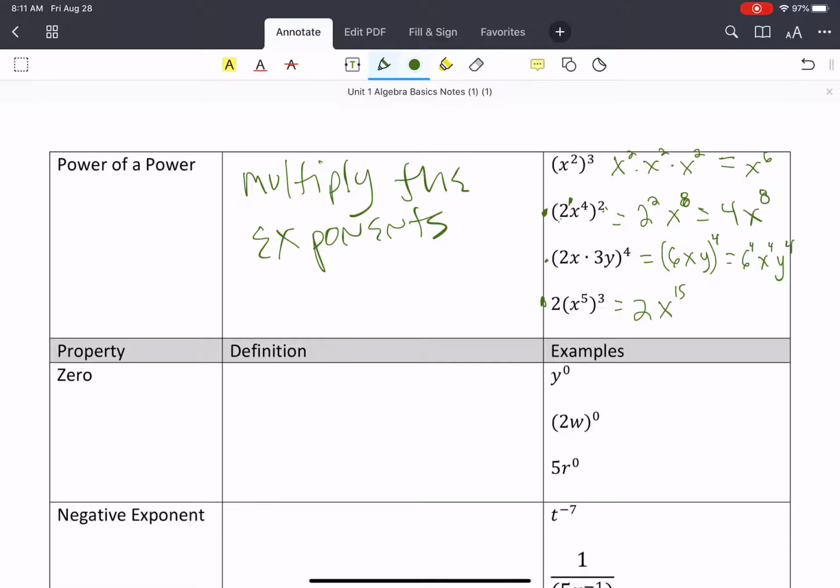Question? Yeah, what's up? Sure, because on here, I have to do 2 times 3 to get the 6. The 2 and the 3 here? Well, that's why I didn't add their exponents, right? I just have to multiply the 2 numbers together.